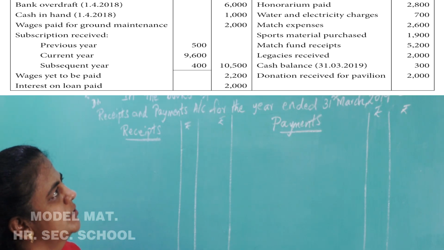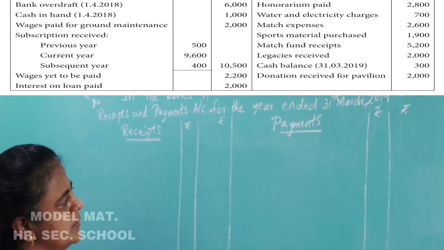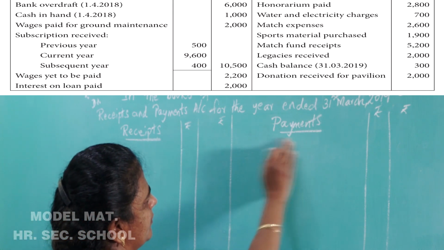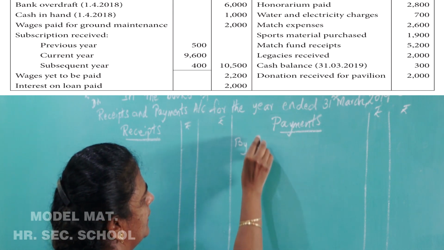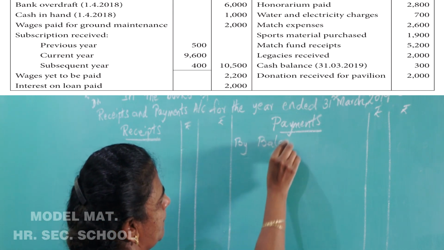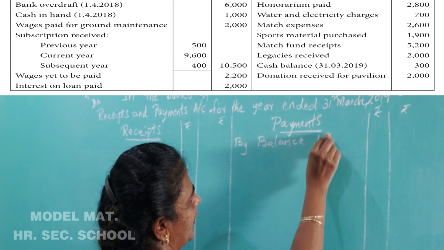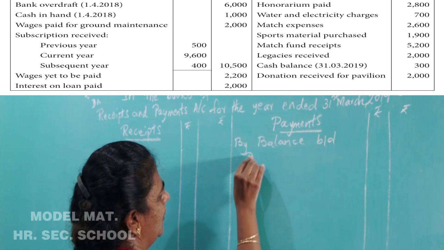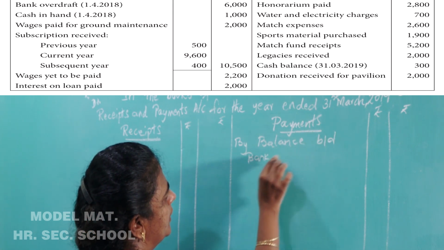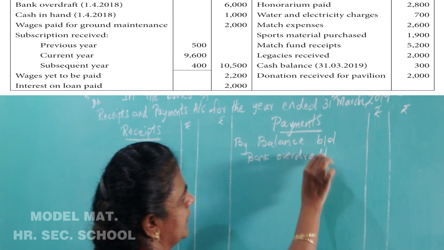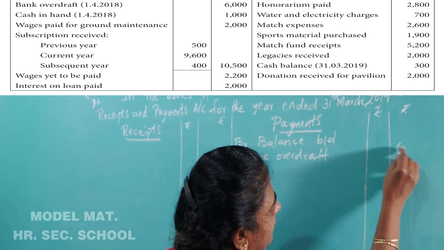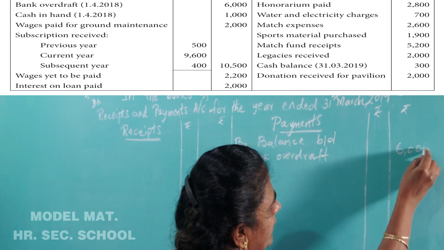See the first item, children: bank overdraft 1/4/2018, given as 6,000. An overdraft means you have to put it on the credit side. So first write the opening balance, by balance brought down. Since it is bank overdraft, put it on the credit side.